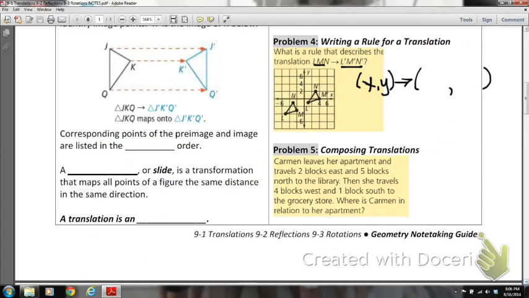It's going to be negative 2, comma, negative 3. And where it's going to translate to is M prime. So M prime here is going to be at, what is that, 4, comma 0.